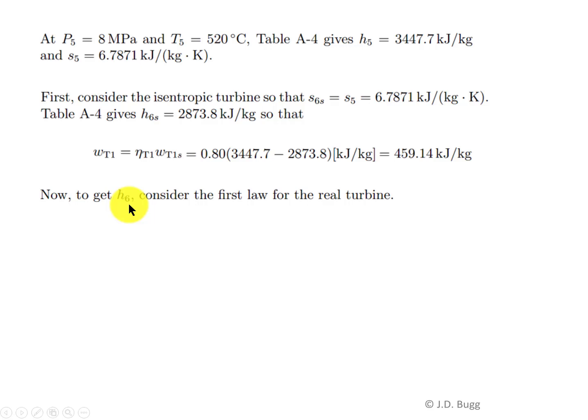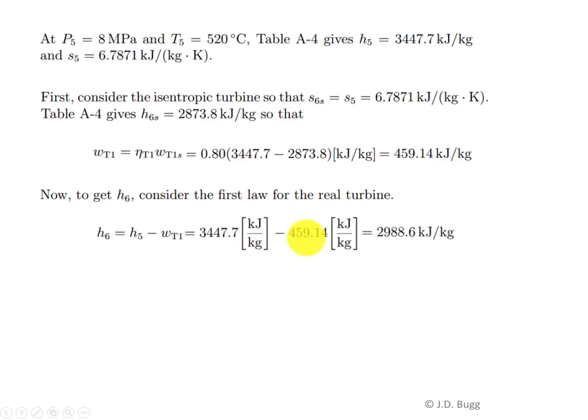Well, to do that, we just go back to our first law, and that's going to tell us that H6 is equal to H5 minus the work of turbine 1, and we have these numbers now, and so that's 3447.7 minus 459.14. So the enthalpy at the exit of the first turbine is 2988.6 kilojoules per kilogram.